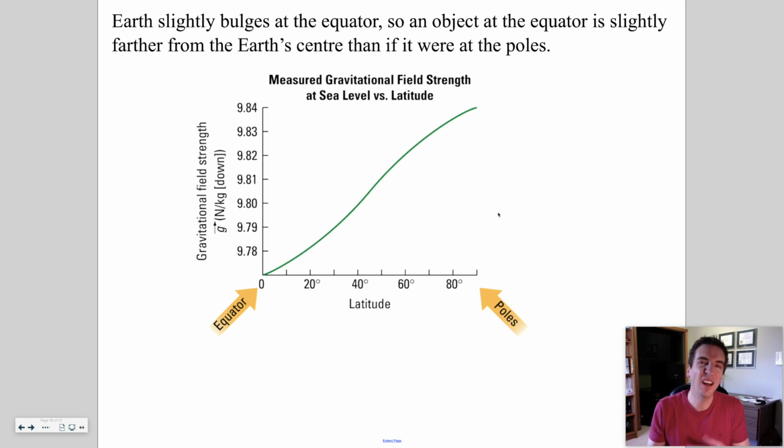And you might be thinking, 9.81, maybe it's like 9.80 or 9.82 at the most. Well, it varies quite a bit. At the equator, around 9.77 newtons per kilogram, and at the poles, around 9.84. So that's a bit of a variation. We just use 9.81 as an average, however, for the surface of Earth.